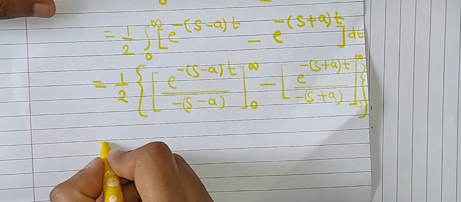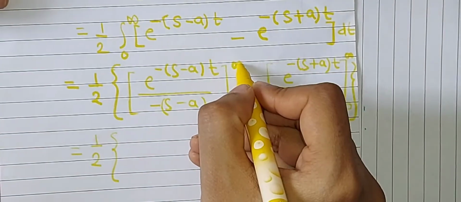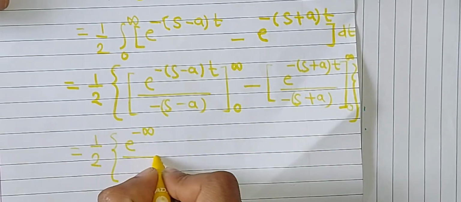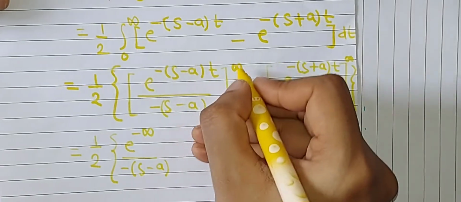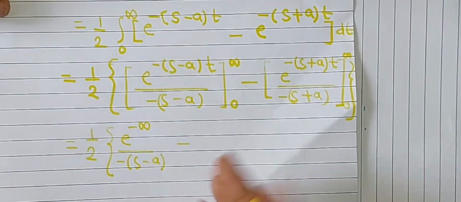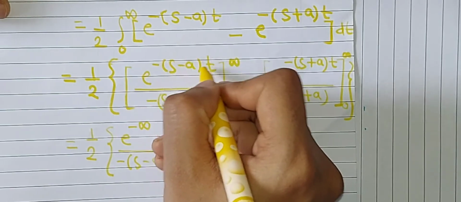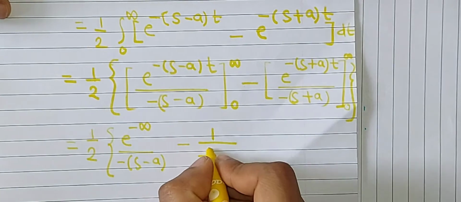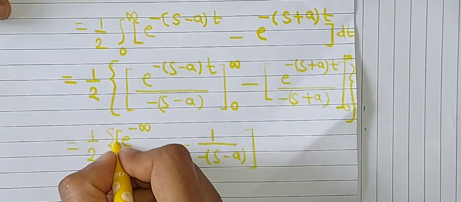So we have obtained 1 by 2 in curly bracket. Put infinity in place of t, that is e raised to minus infinity divided by the first term, minus (s minus a). Similarly, the middle term is minus; again put 0 in place of t, that is e raised to something into 0 is e raised to 0, which is 1, divided by minus (s minus a). This is our first bracket.